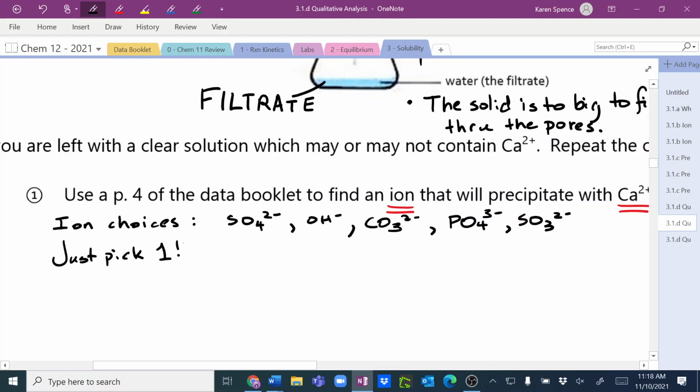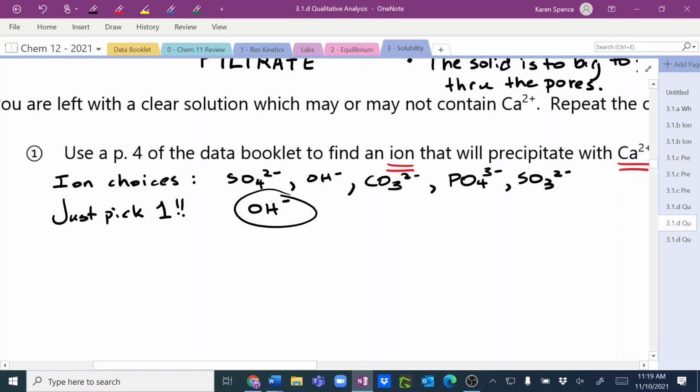We're only listing them all because we're learning, right? At this point, we're like, oh, I could pick this one, I could pick that one. I'm going to choose hydroxide, but any of the others are also perfectly good, no problem.